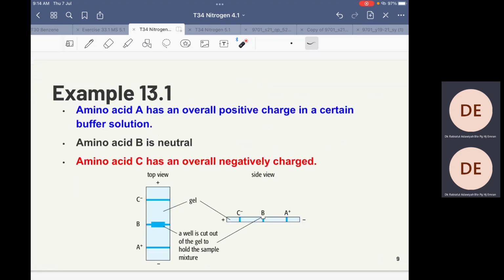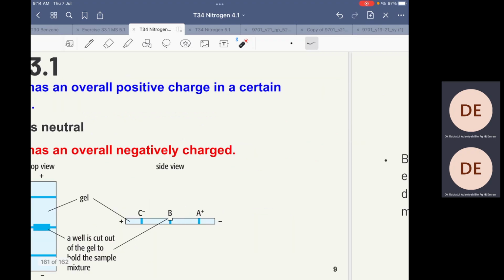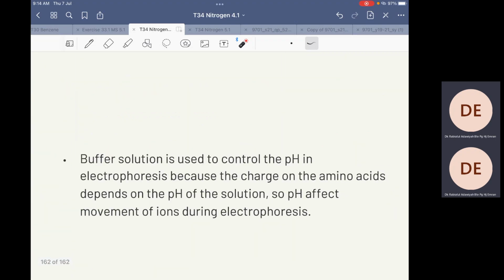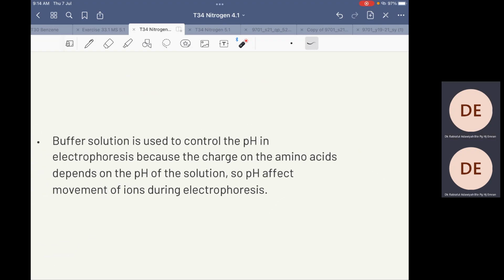All right. We'll look at examples for that. I don't have an example now in the notes. The last one is just to explain how the pH of the solution can actually affect the overall charge on the amino acids, and so it will affect their movement along the electrophoregram. Okay? And that is the end of this topic, just a short one.